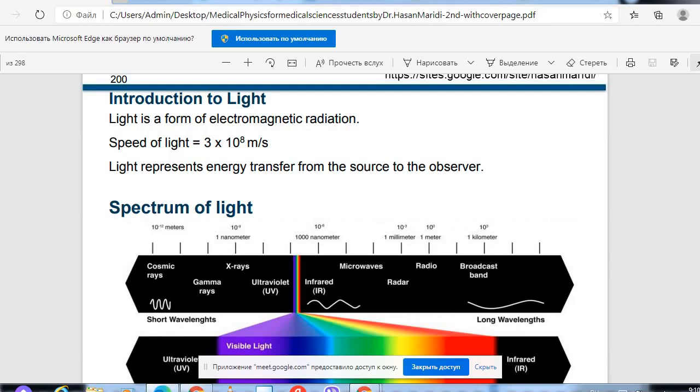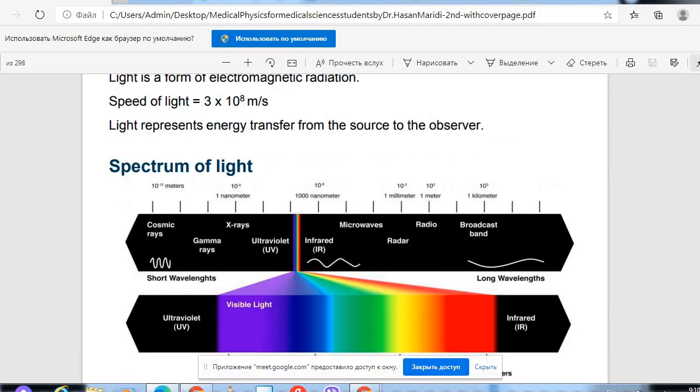Introduction of the light: again, it is the same as electromagnetic waves. Light is a form of electromagnetic radiation. The speed of light is the speed of light in vacuum in this universe.